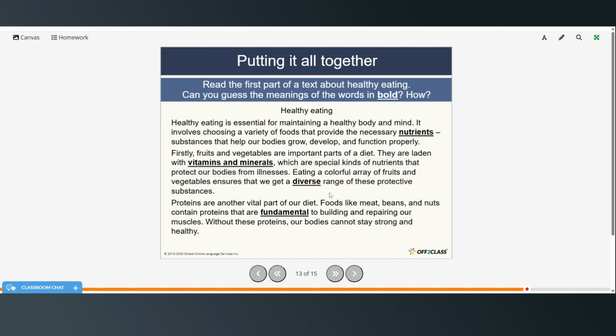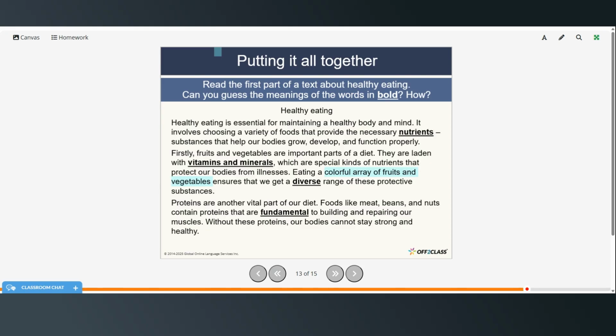Diverse means different or a large range of different types of substances, and you can get that meaning from colorful array. Array means a wide range of things. And so from that, you can kind of work out that diverse just means a lot of variety.